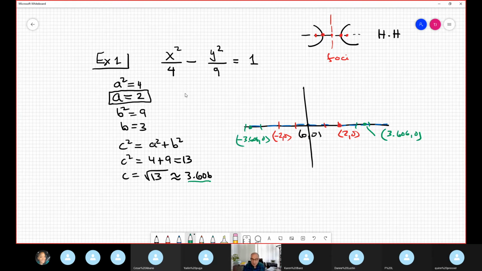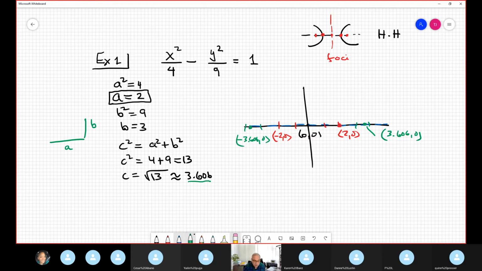Now, what do I want to do? Not yet, because I want to make the reference rectangle. One shortcut to do it fast, because it's not complicated, is this: this is a and b. a is 2, I did that, and b is 3.